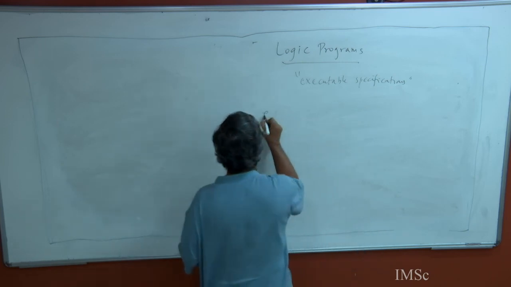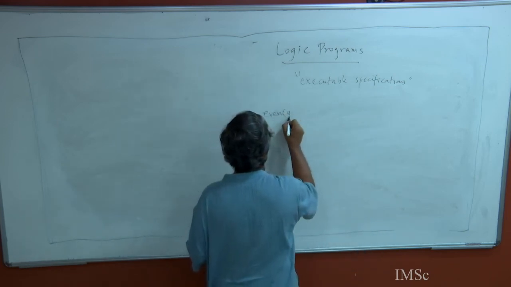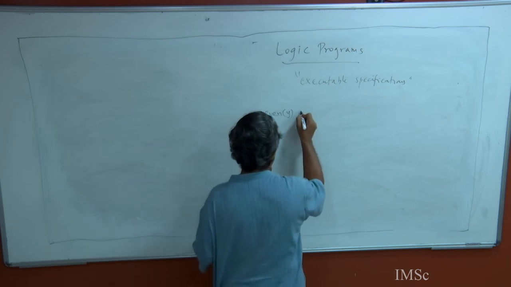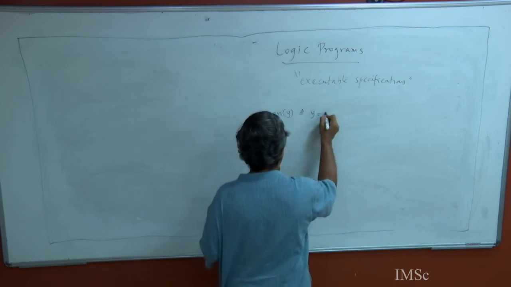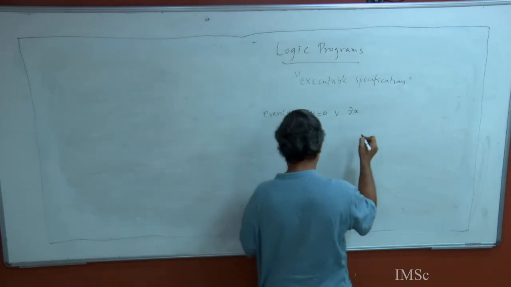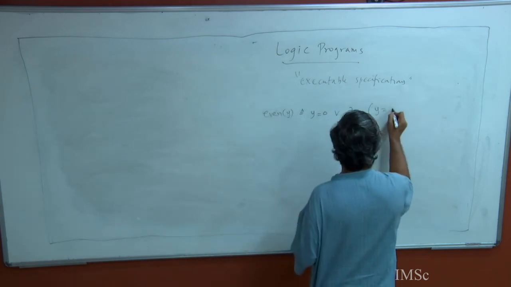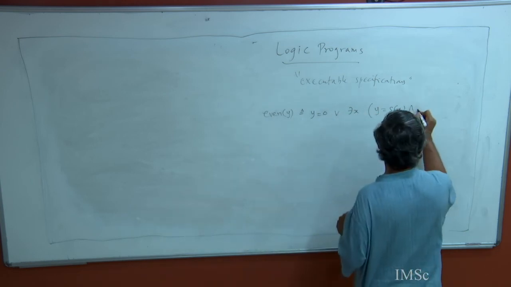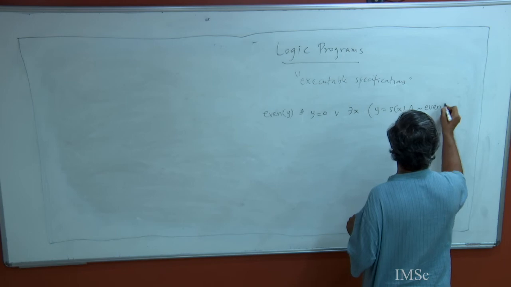Here I say y is even, let me write this as a definition. If y is 0 or there exists x such that y is equal to s of x, standing for successor of x, and not even x.